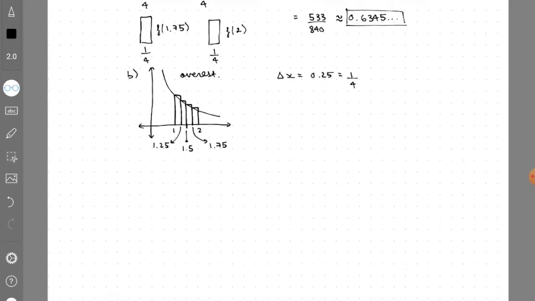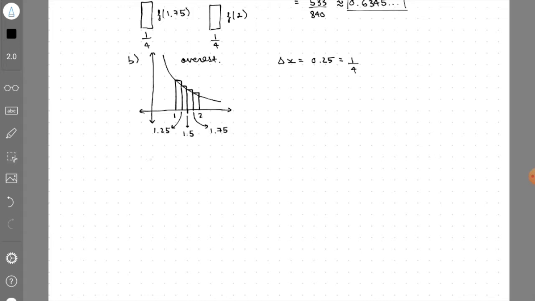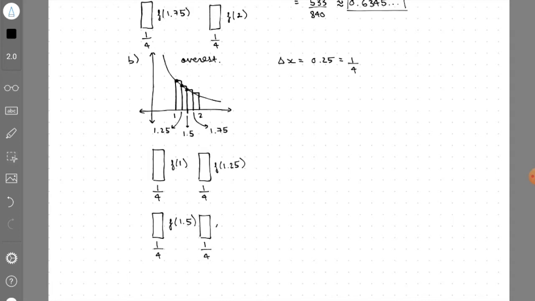So now let's calculate this again for part B. I'm going to draw the rectangles again because I think it's helpful. So this is going to be 1/4, and now our height is going to be f of 1. That's our first height. Second rectangle, 1 over 4, f of 1.25. Third rectangle is 1/4, and then f of 1.5. And the last one is 1/4, f of 1.75.